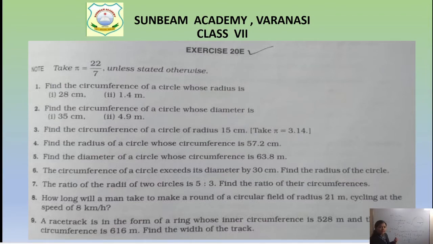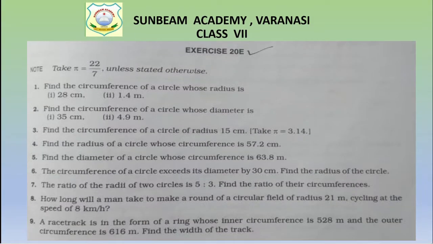Now let's solve question number 6. I am erasing the board and you write it down. Question number 6, children, we have to first write the given parts. So quickly write down the question, or you can read the question also, so that when I start, you will be able to relate it.